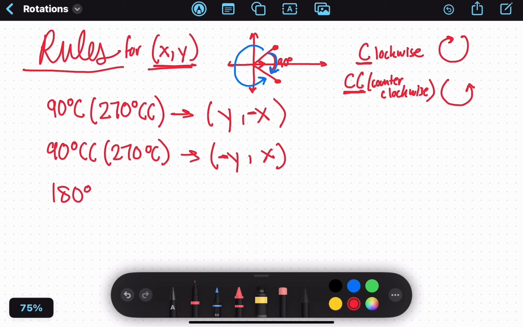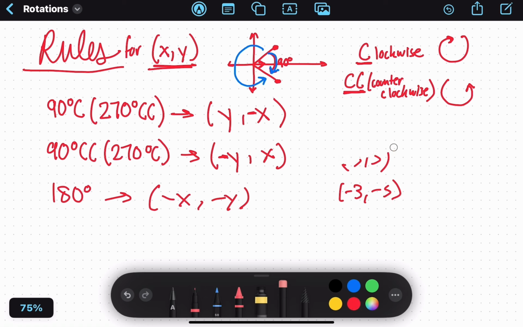So whether you do it in one direction or the other, it doesn't really matter because you end up in the same place. And 180 clockwise would be 180 counterclockwise. So it's the same thing. And like we said, it would just be (negative x, negative y). And then there you go. So if we had (3, 5), that would become (negative 3, negative 5).